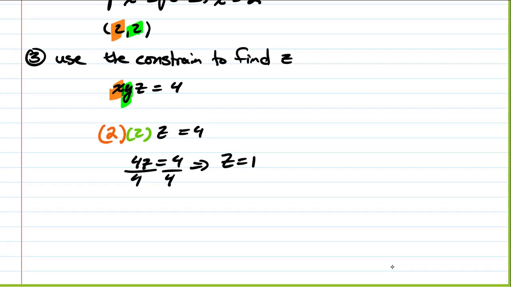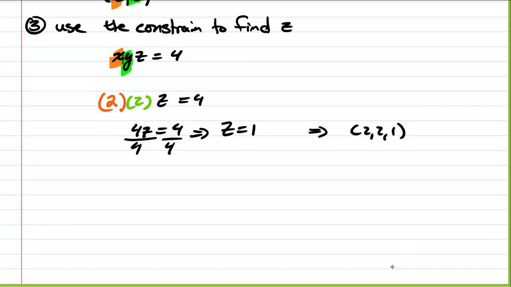So then, finally, our point is 2, 2, 1. If we wanted to verify that it was a minimum, we would need to calculate our matrix that we used last time to do so.